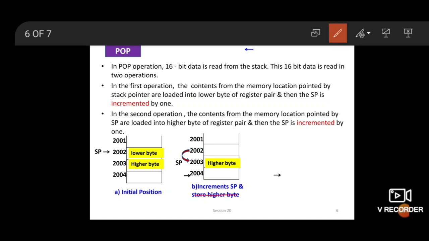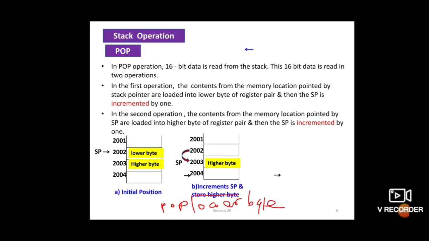In this diagram, 2002 to 2003 means the stack pointer is incremented by 1, because the lower byte is read from the stack, means out of the stack.